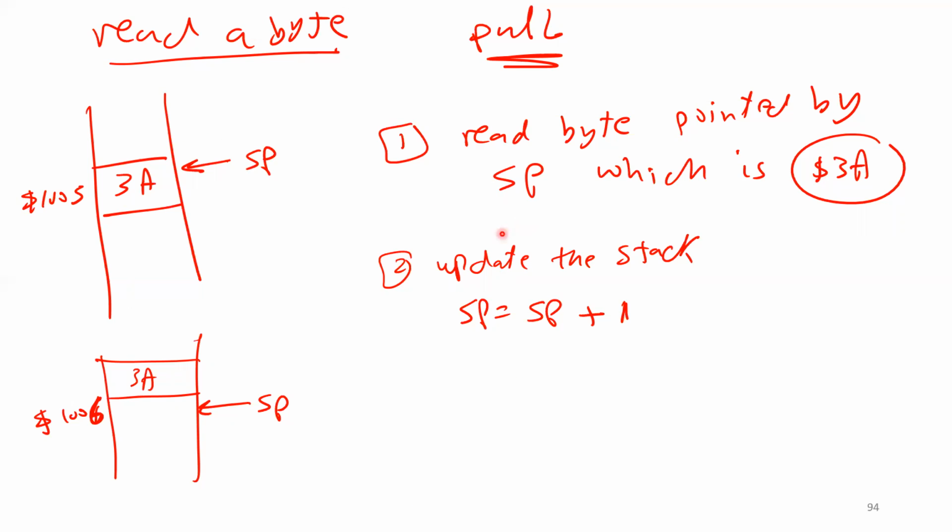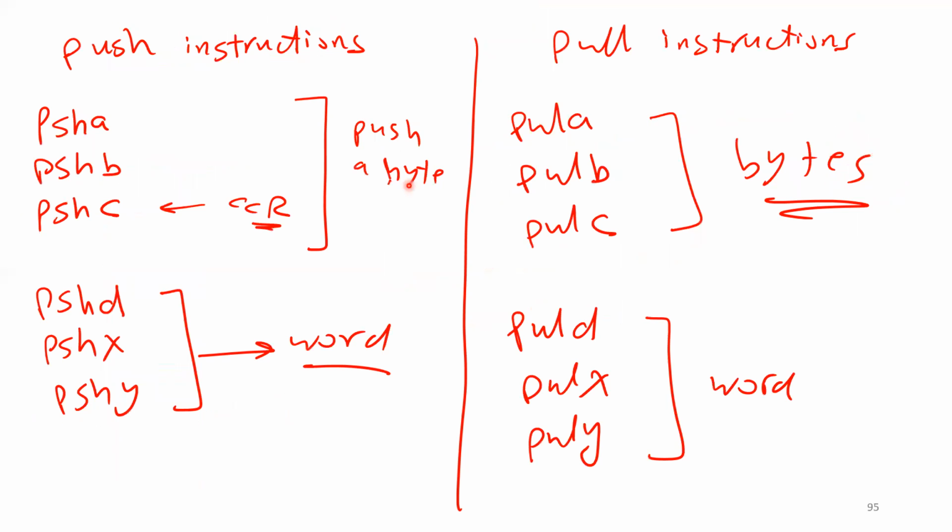Same thing here. If I want to read the word, I read two bytes, starting from the location pointed to by SP, and then I have to add 2, because now I have to remove 2 bytes, so that I have a new top here. Is that clear, guys?